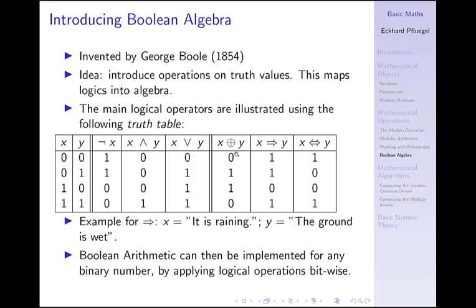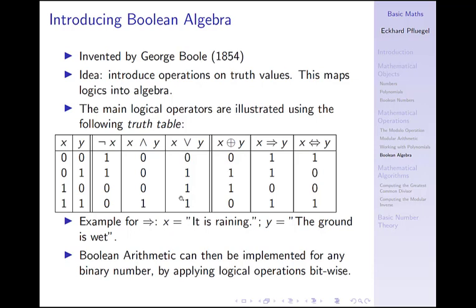So let's start with the exclusive OR operator, or XOR operator, that's used quite a lot in computer science. So basically the exclusive OR is very similar to the normal OR, but it is not allowing both inputs to be 1.